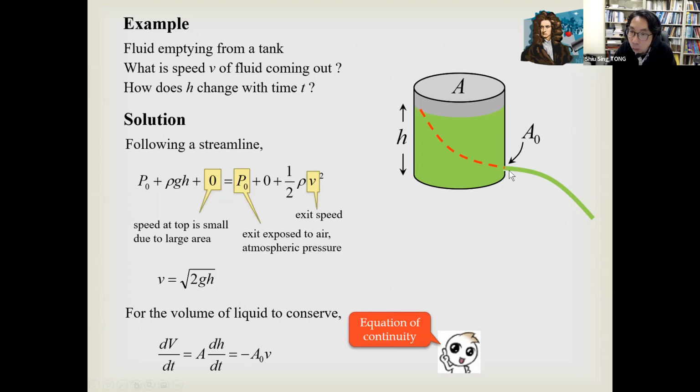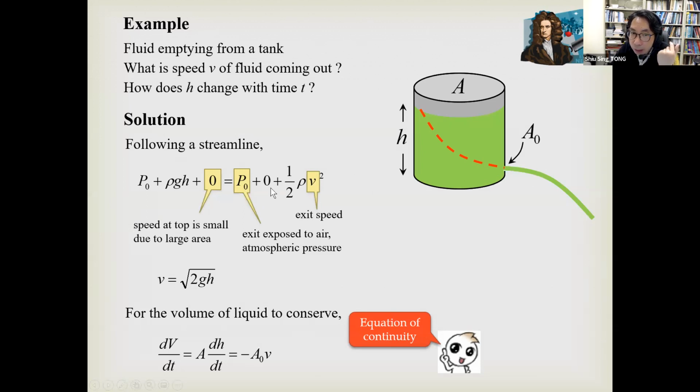Now at the position of the hole, the pressure is also P naught. It's atmospheric pressure, because as soon as the liquid comes out of the bulk of fluid, it's exposed to air, and when it's exposed to air, the pressure is the atmospheric pressure. So the pressure of the liquid here is P naught again.